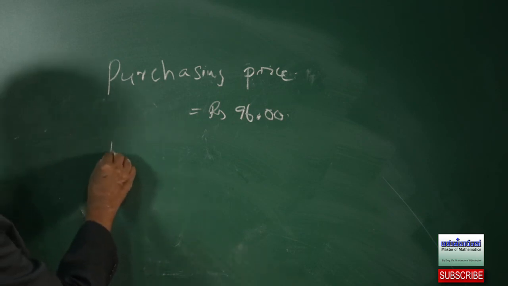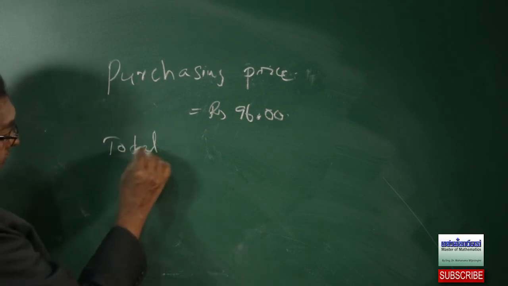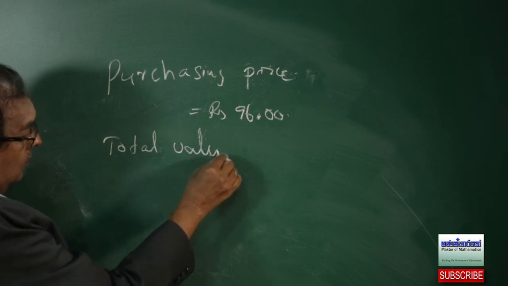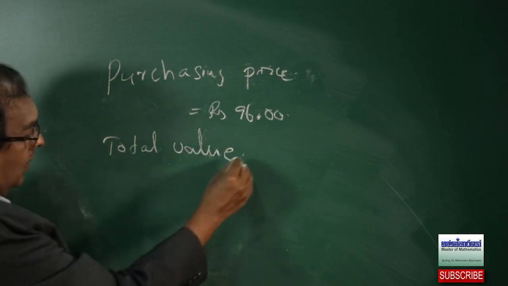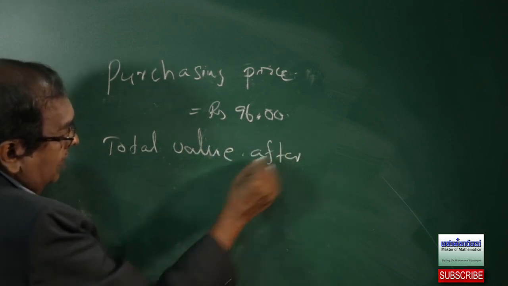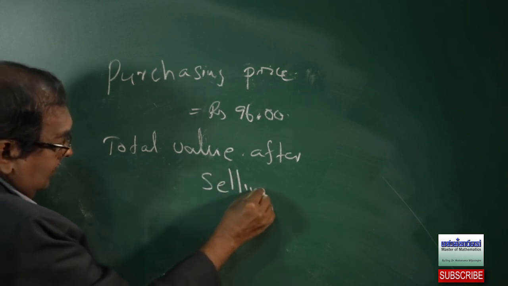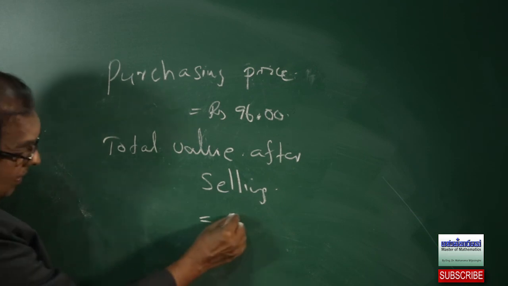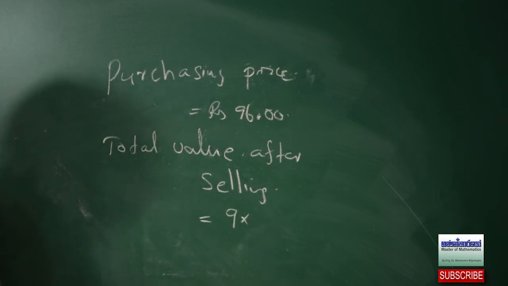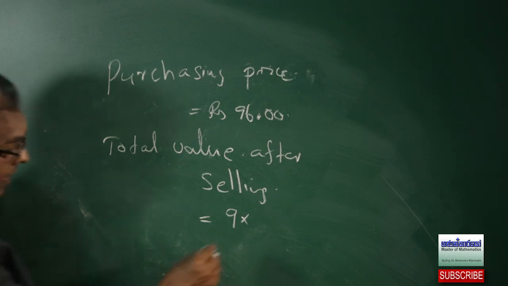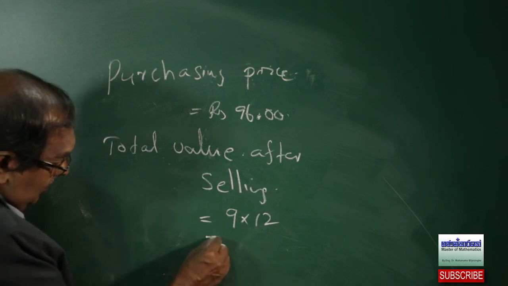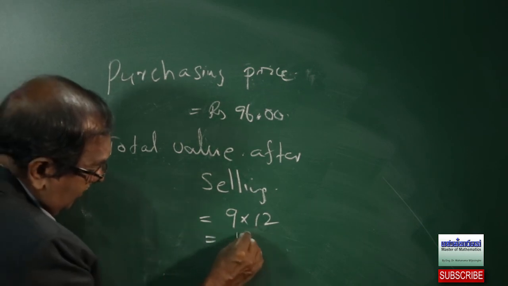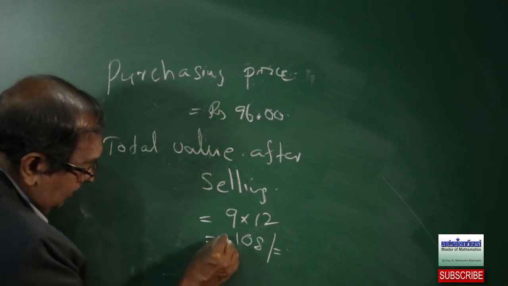What is the total value after selling? One orange is 9 rupees. Since this is a dozen, there are 12 oranges. The total value is 12 into 9, 108 rupees.